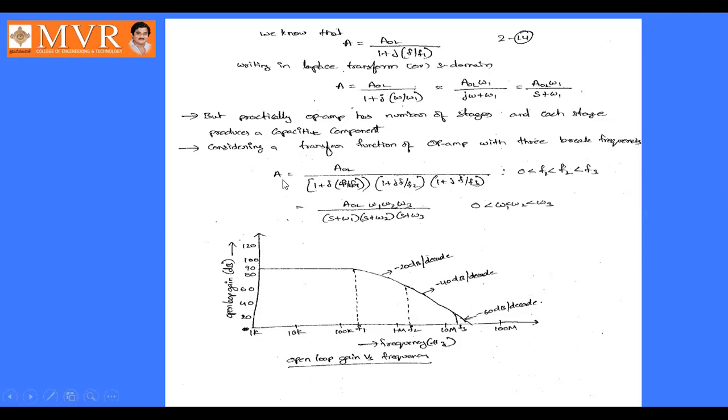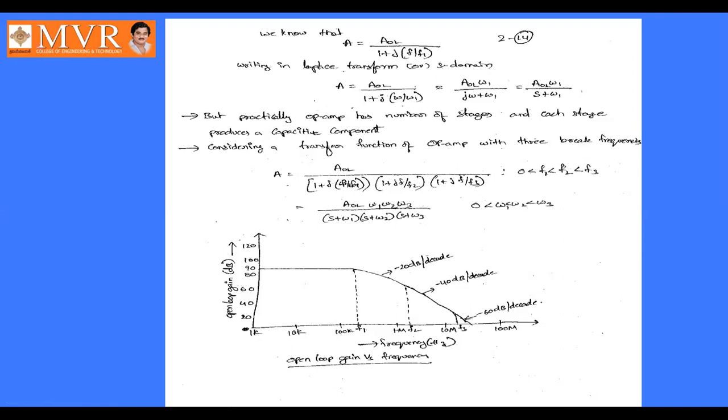A is equal to AOL divided by 1 plus j into F by F1, which is due to the single corner frequency, that is the single capacitance value. For the other capacitance values, we write 1 plus j into F by F2, and another will be 1 plus j into F by F3, where F1 is less than F2 is less than F3.